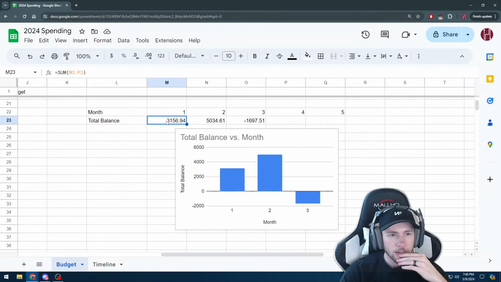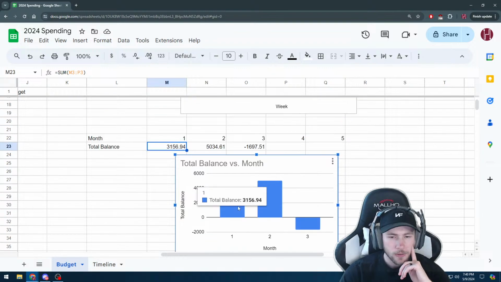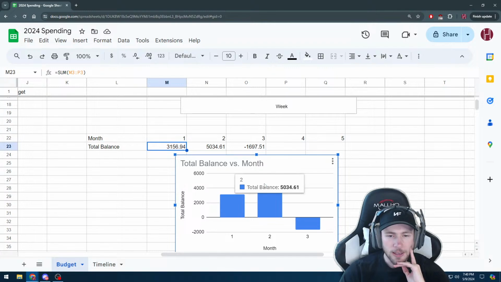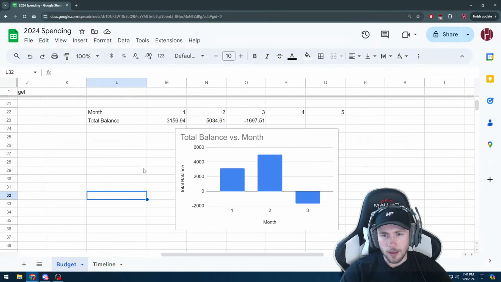Although, okay, I might be doing this wrong. Total balance. So actually, this is just going to track how well each month does independently, but it doesn't show the aggregate of one month to the next. I'll have to rethink these charts maybe to get something that gives us better visuals on how we're doing saving money, spending, and all that.